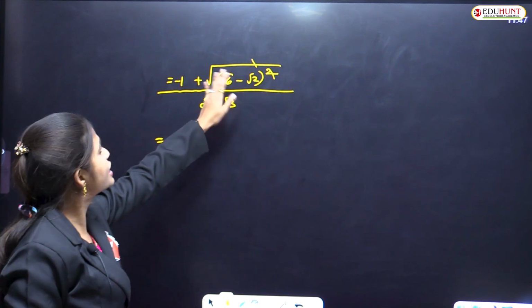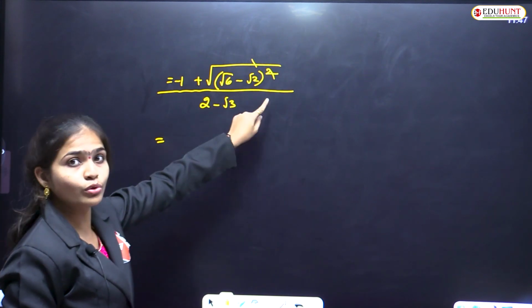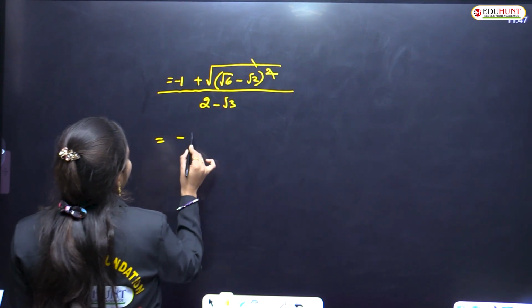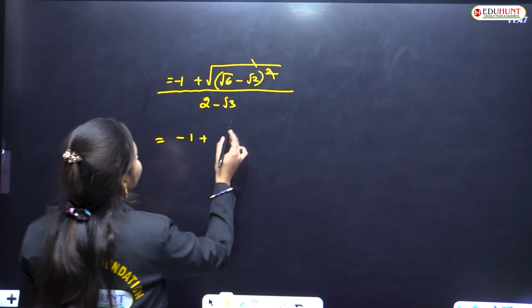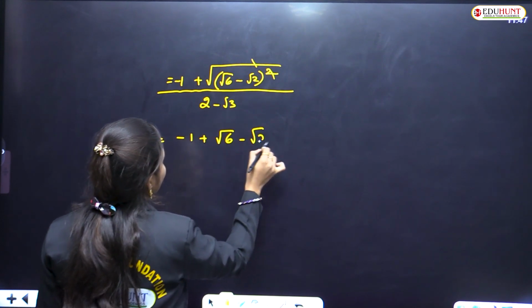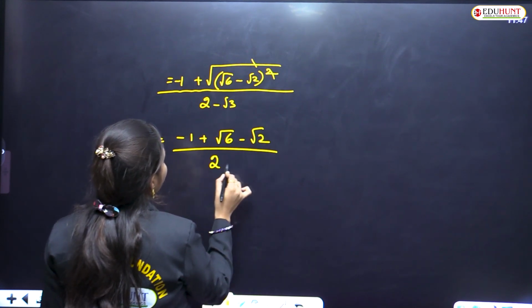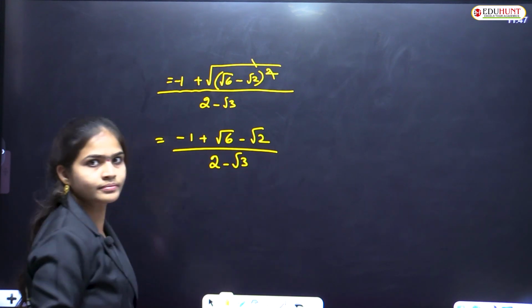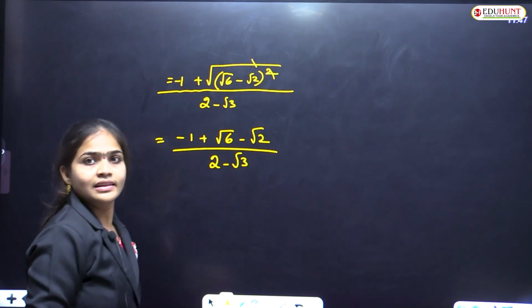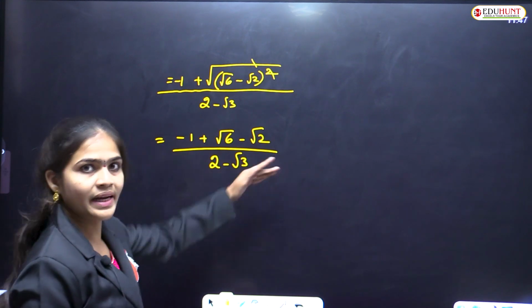So that's why this is the square root of 8 minus 4 root 3. So minus 1 plus, here we are getting root 6 minus root 2 whole by 2 minus root 3. Understand? So here in the denominator we have 2 minus root 3.